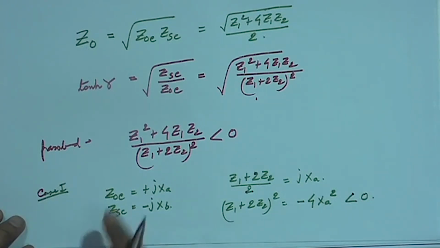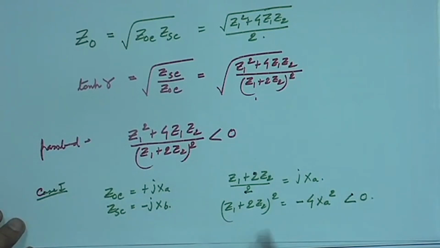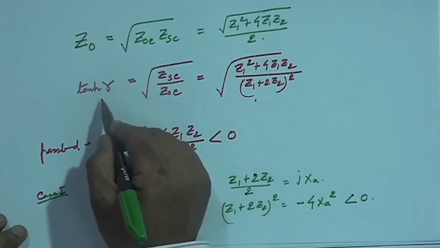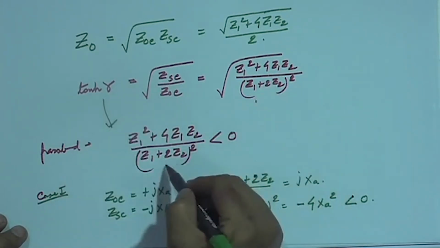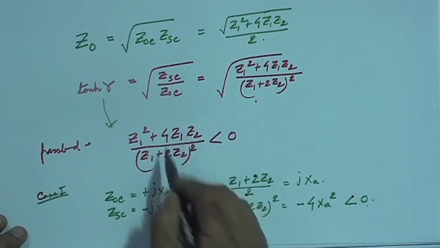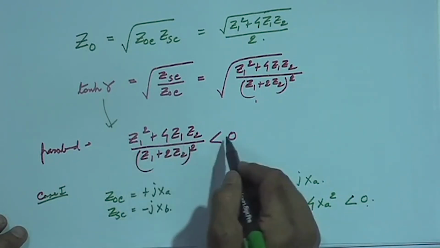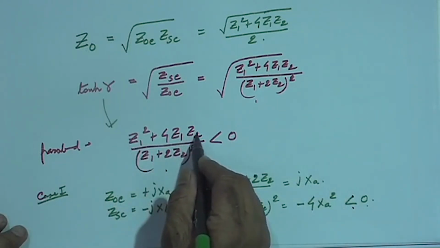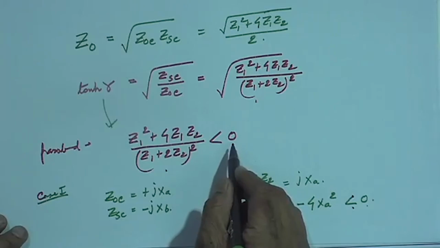So tan beta, in the passband, we know this tan beta value is this. Now this is less than 0, so the whole thing is less than 0, and the numerator needs to be positive to satisfy this.